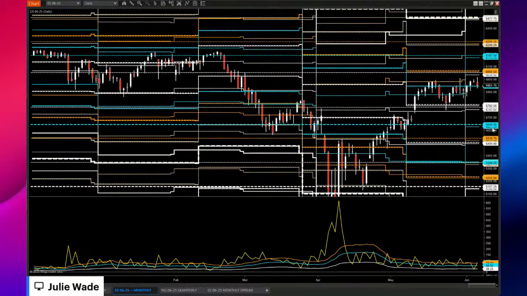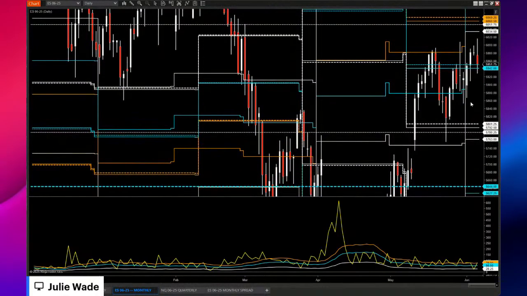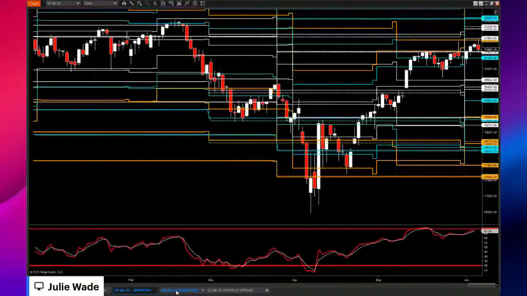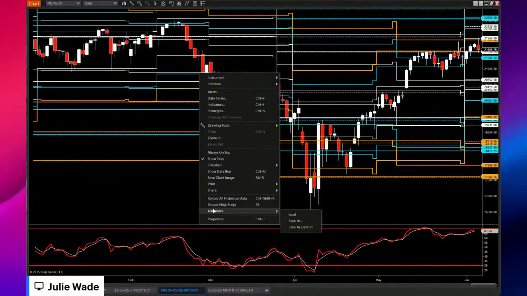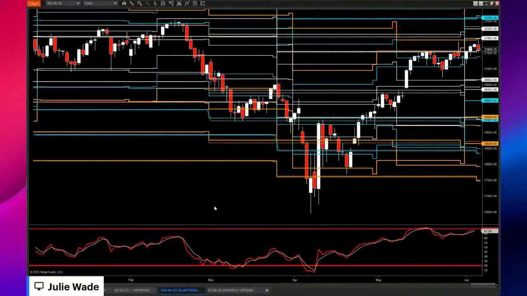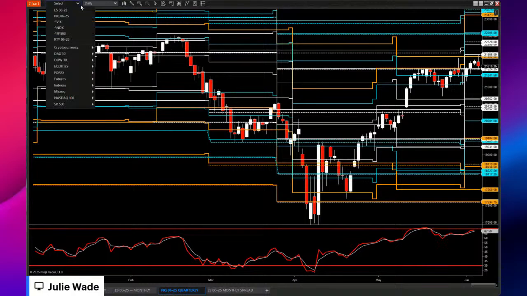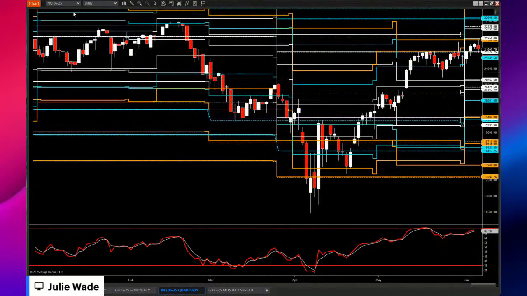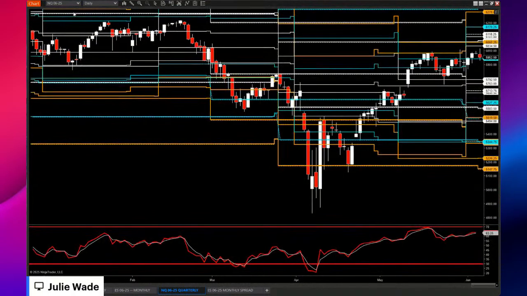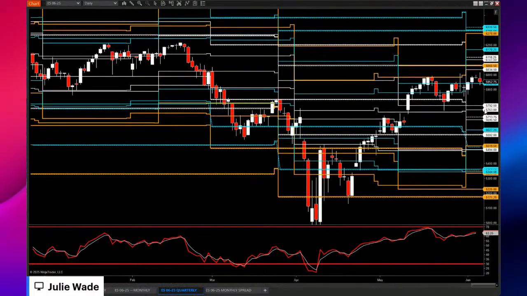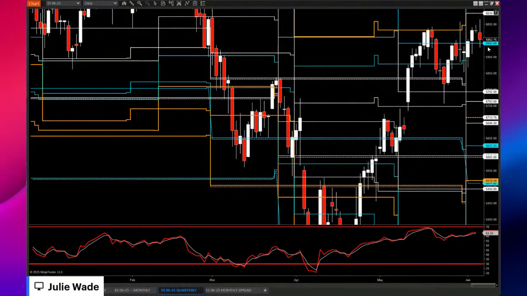Not quite. Yeah, not quite there. So here it is, 59.24.25. Yep. Oh wait, sorry. It's NQ. And again, that's at 59.42.